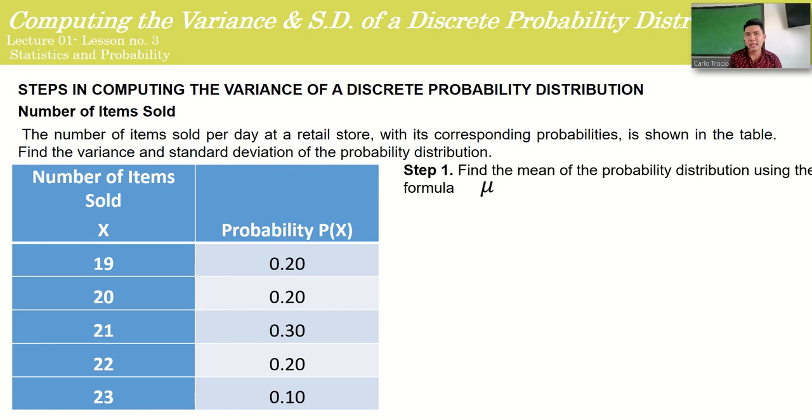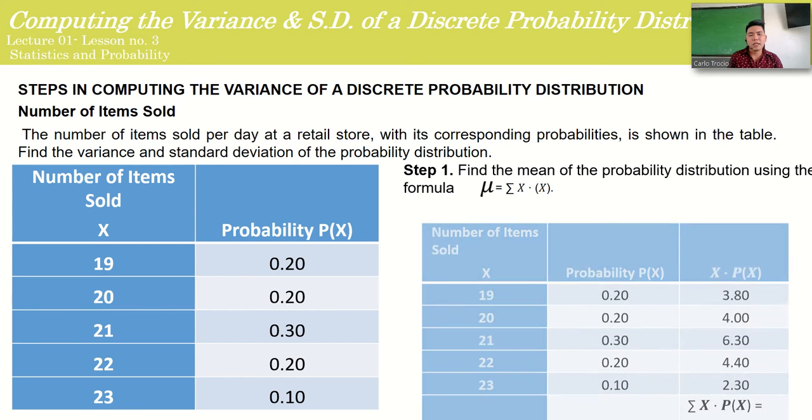Just like what we did in the example about finding the central tendencies and measures of dispersion of the dogs. Then we need to find the mean, because this is an important value that we need to have before solving the variance and standard deviation.